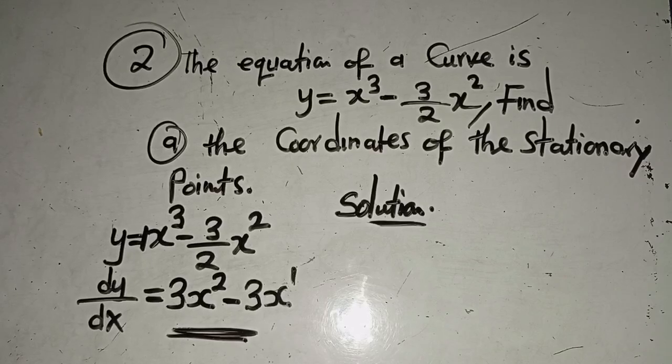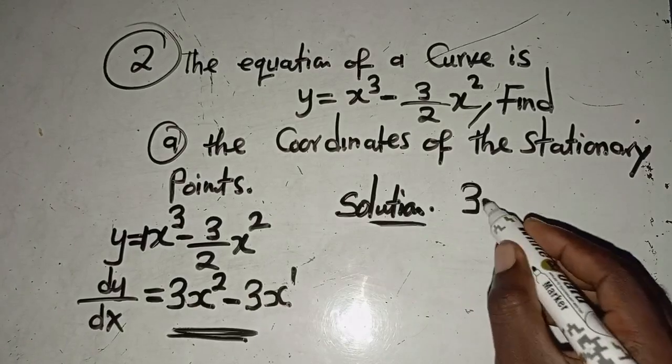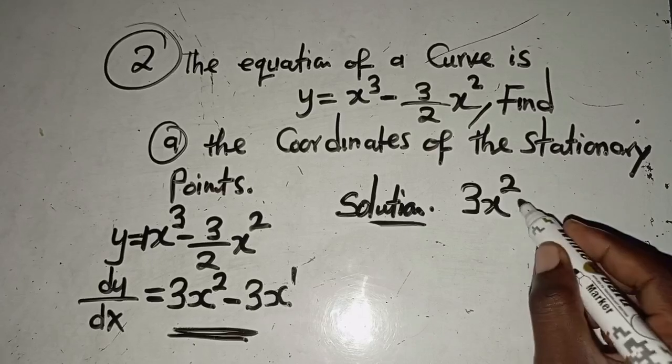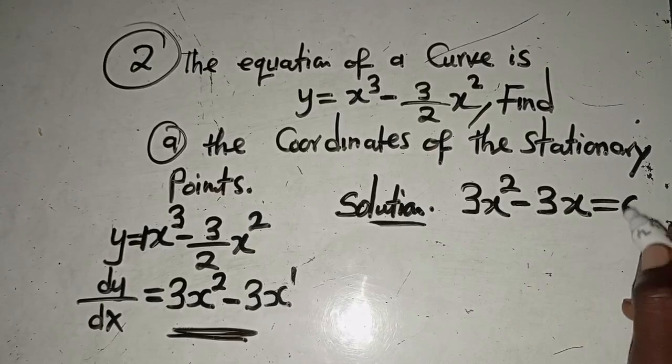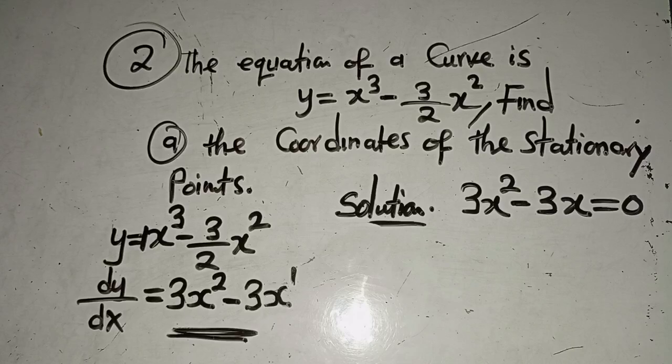Since the gradient is not given, I get this one: 3x squared minus 3x. I equate to 0. But in certain questions where they tell you the gradient is 4, you equate to the same 4 that is given. So that's what we get to do.